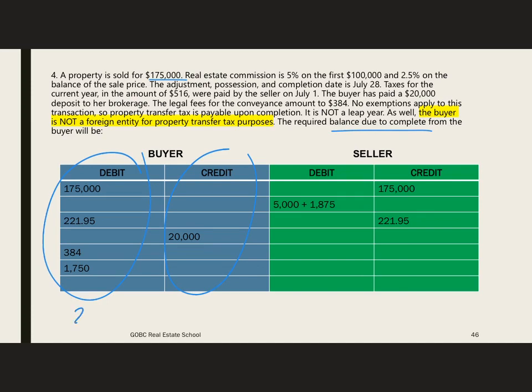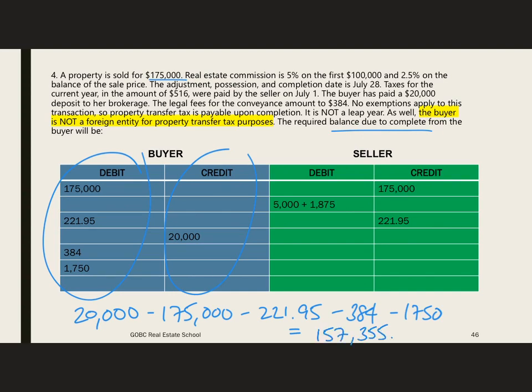So when you take your $20,000 and you subtract your $175,000 minus the property tax amount of $221.95 minus the $384 legal fees and the $1,750 in PTT, you end up with a balance due of $157,355.95. And that is the amount that the buyer needs to come up with in order to complete the transaction.